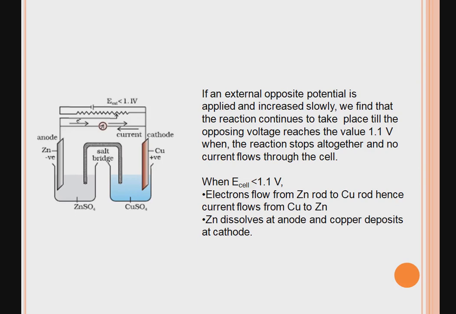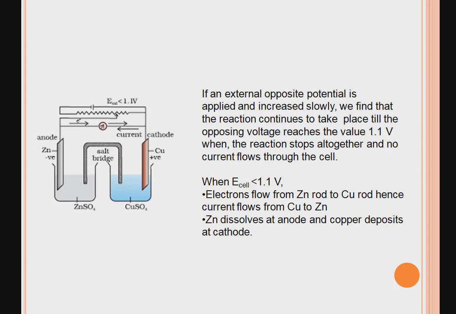Now when the external voltage is still less than 1.1 volts, the same reaction is still going on. That is, electrons are flowing from zinc rod to copper rod, and so the current is flowing from copper to zinc. Zinc is dissolving at anode and copper ions from the solution are depositing at cathode. Means all the reactions which were taking place earlier are still taking place.